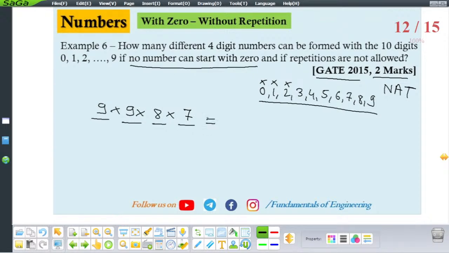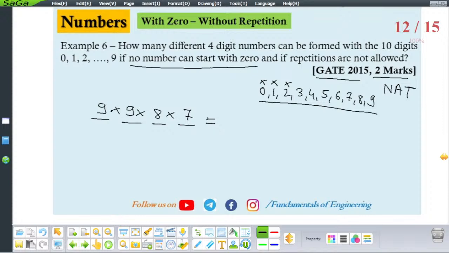These are the possible 4-digit numbers that can be formed by using the digits 0 to 9 when the number cannot start with 0 and repetition is not allowed. So 9 cross 9 cross 8 cross 7. Find out the answer.